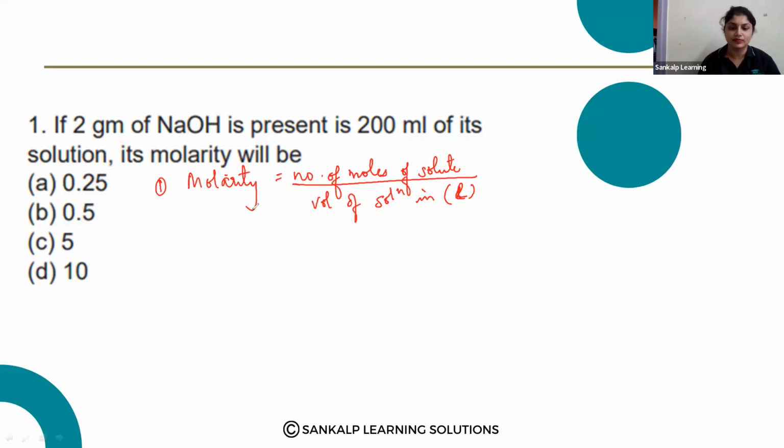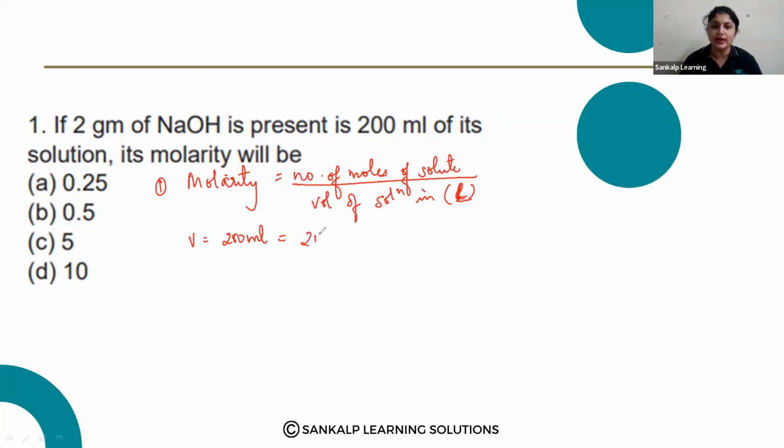Then, what is given? The volume is 200 ml. Now we'll convert this ml into liters. How do you convert ml into liters? 200 ml, you have to divide it by 1000, because 1 liter is equal to 1000 ml.